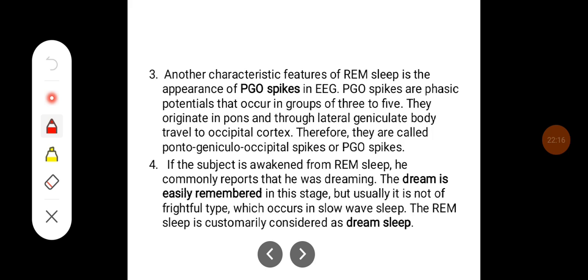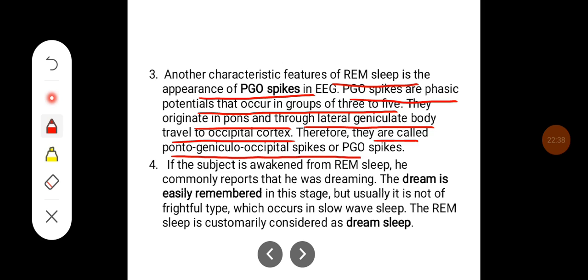Another characteristic feature of REM sleep is the appearance of PGO spikes in EEG. The PGO spikes are phasic potential that occur in groups of 3 or 5. They originate in pons and through lateral geniculate body travel to the occipital cortex. Therefore, they are called as pontogeniculo-occipital spikes or PGO spikes.